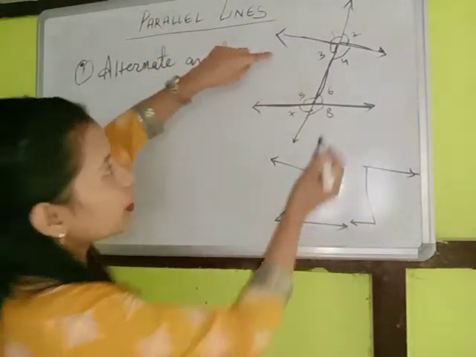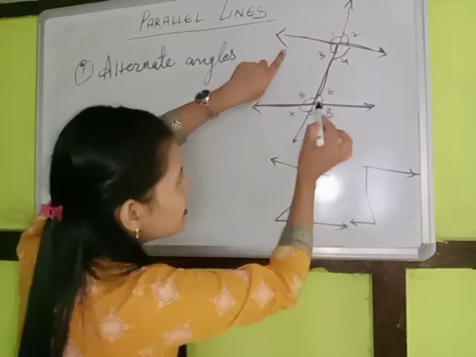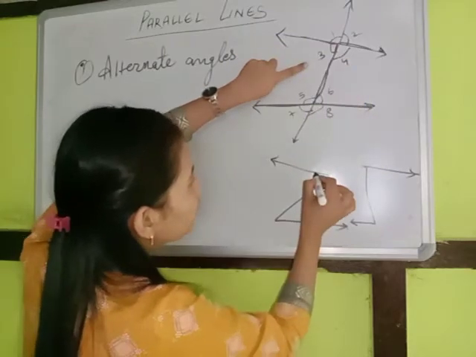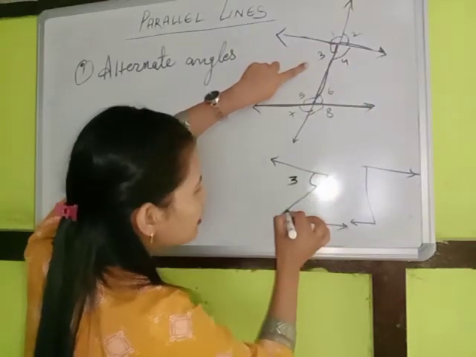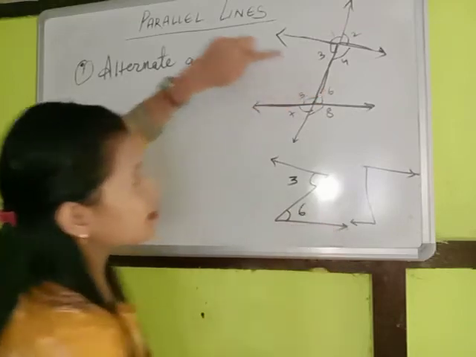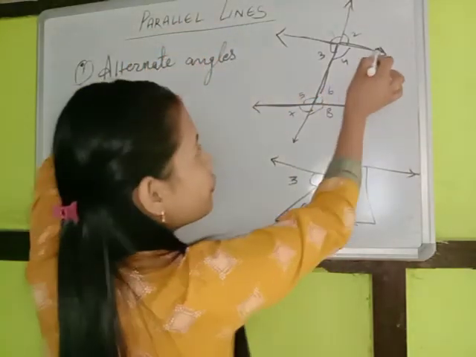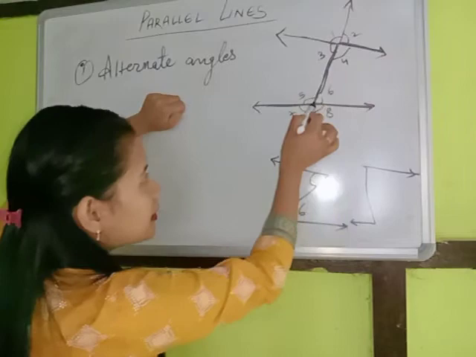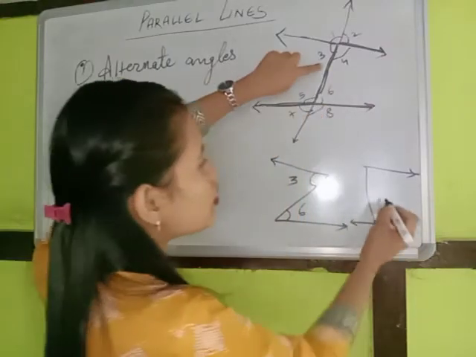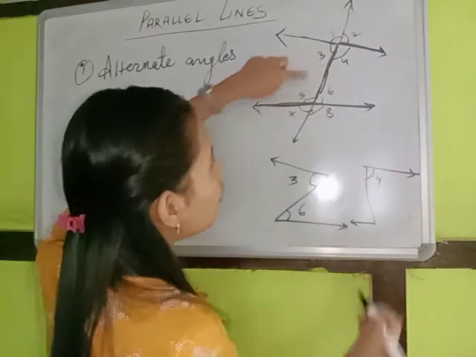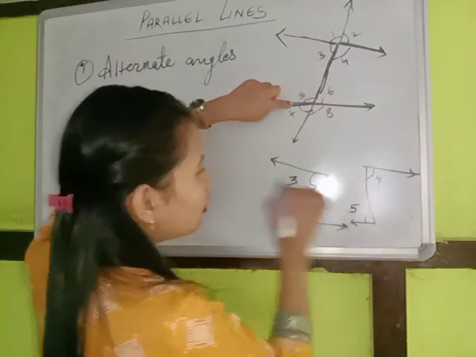If you see this Z, the angles that we have here are angle 3 and angle 6, right? And whenever you see this reverse Z, the angles we are talking about are angle 4 and angle 5.